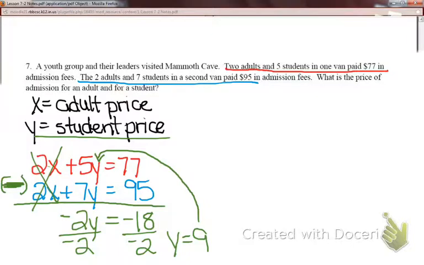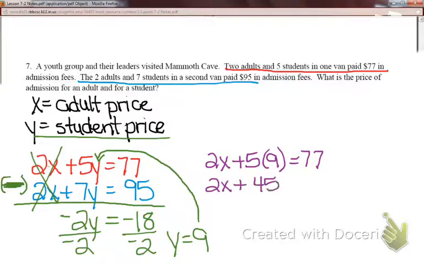So when I put that number in, I'm going to get 2x, because I don't know what x is yet, plus 5 times y, but y is 9, and then it equals 77. 2x, see 5 times 9 is 45, so plus 45 equals 77. Trying to get x by itself now, so subtract the 45. So 2x equals 32, I think, I hope.